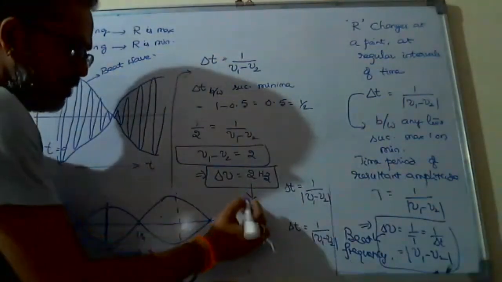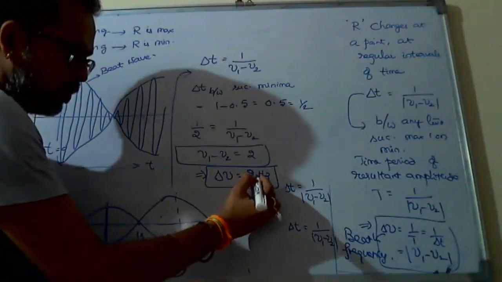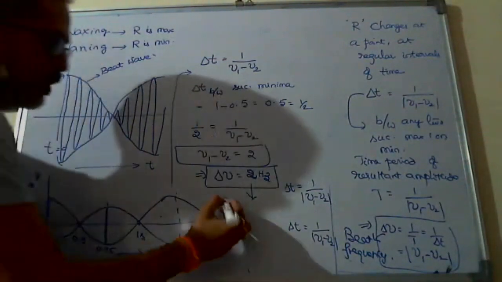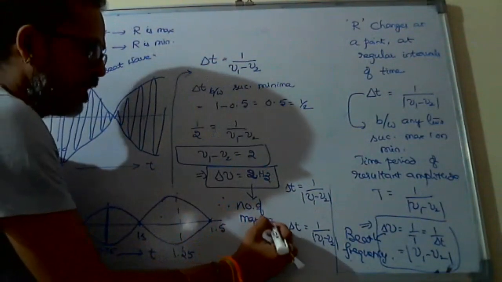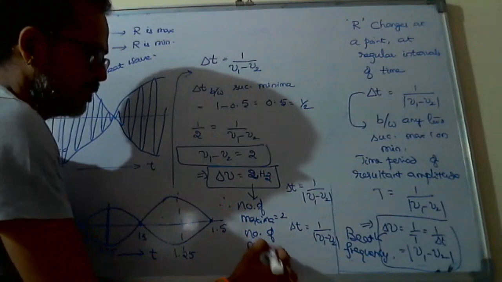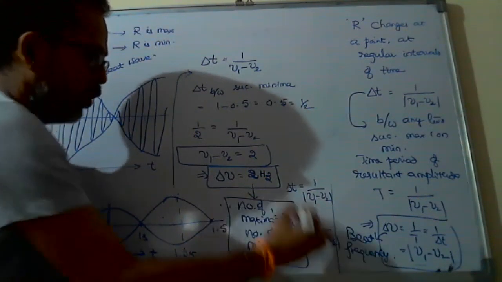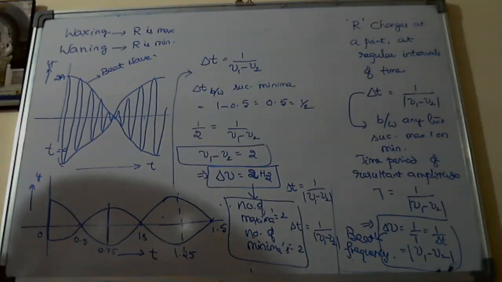From the frequency, delta nu is equal to 2. Therefore, the number of maxima is 2 and the number of minima is 2. Total number of maxima plus minima is 4.